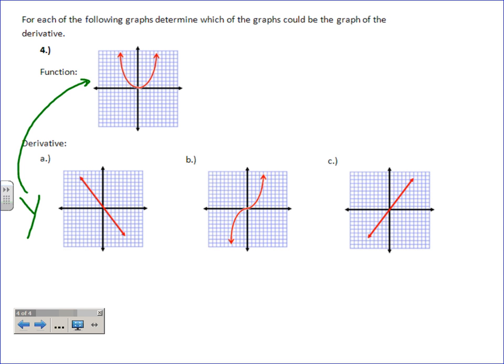So pick an x value, any one you want, I don't care. 4. So you go out to an x value of 4. Do you agree the point's way up here? We need to find the slope of that line. Is that slope positive or negative? So if I go to an x value of 4 down here, 1, 2, 3, 4, the y value better be positive. Uh-oh, it's a negative y value.